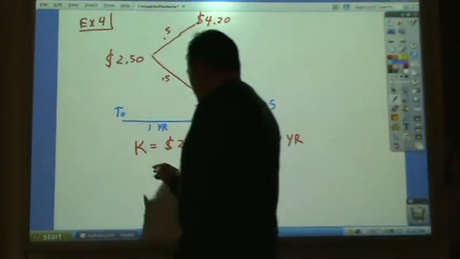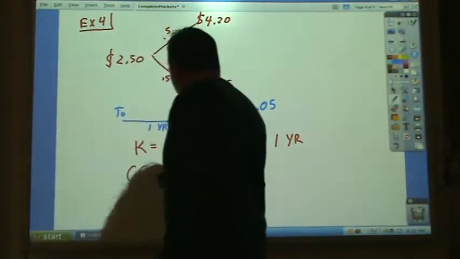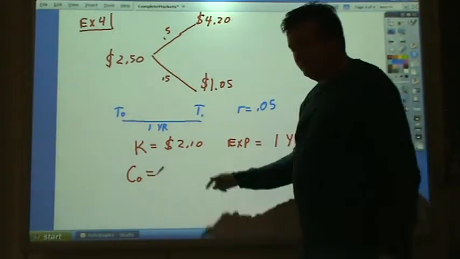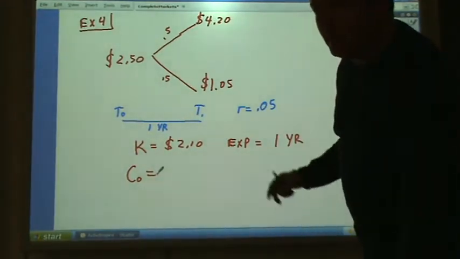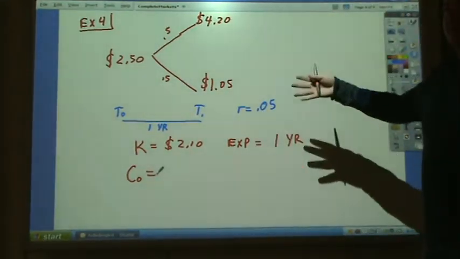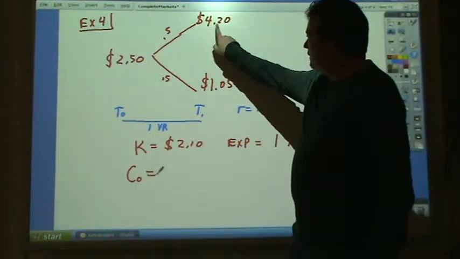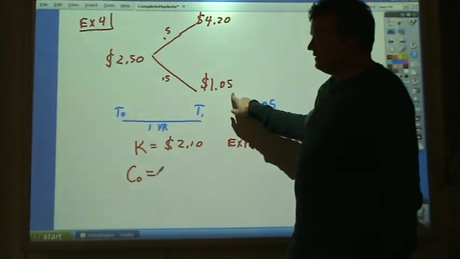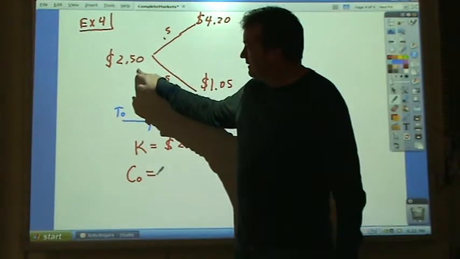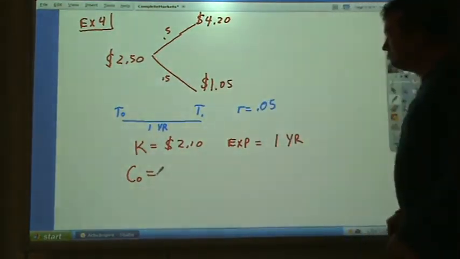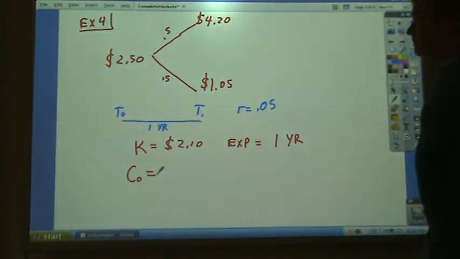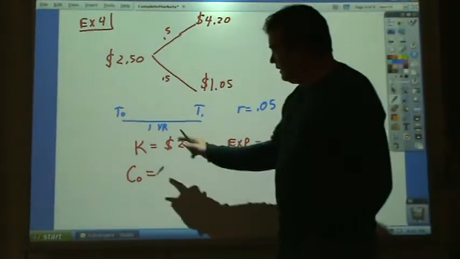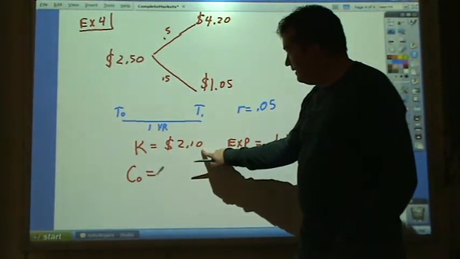What would this call price be right now? So the strike is $2.10. So really, it's similar to the example I just did before, except I've tacked on interest, right? This is $4 plus 5% interest. This is $1 plus 5% interest. This number is a little odd, so it kind of throws off the whole martingale pricing thing. But what would you pay for a call option today with a strike price of $2.10?